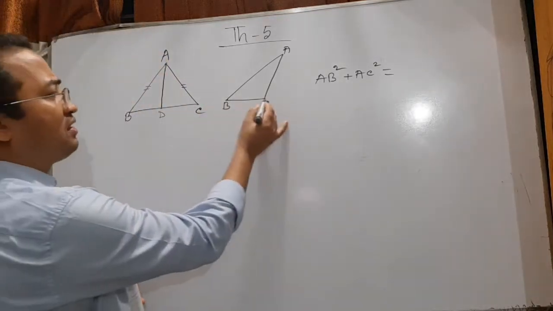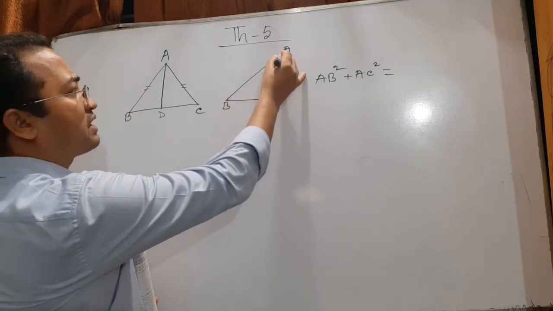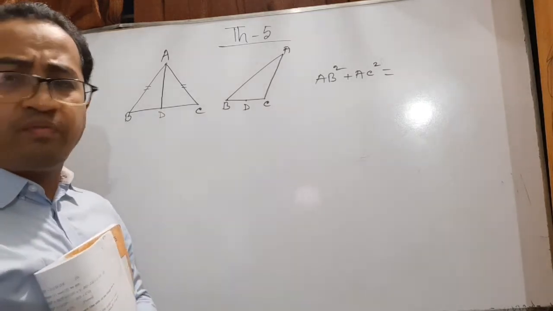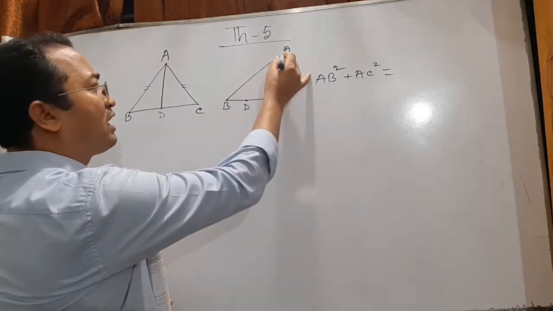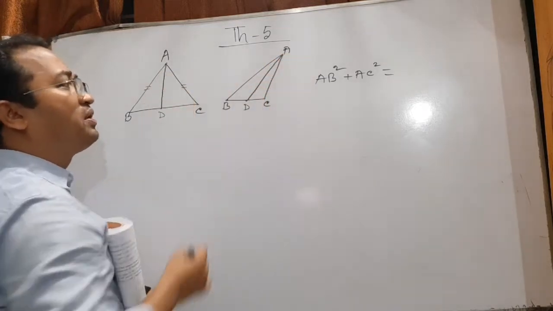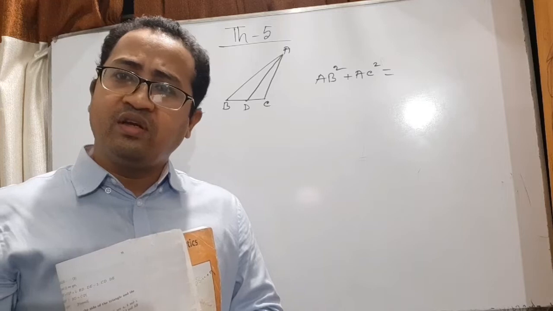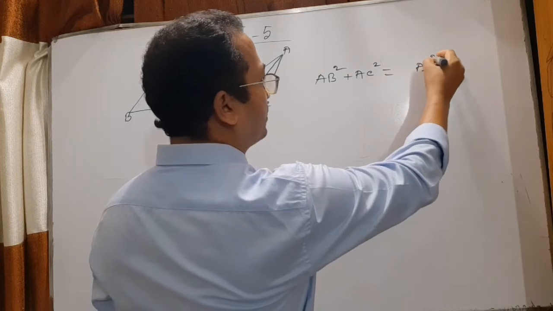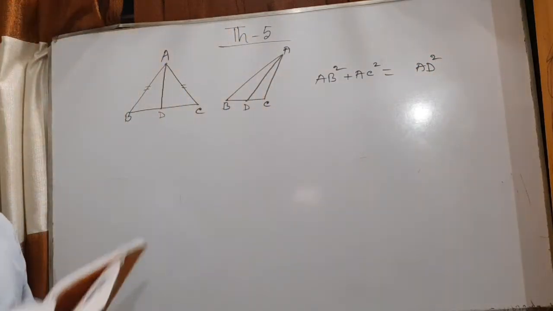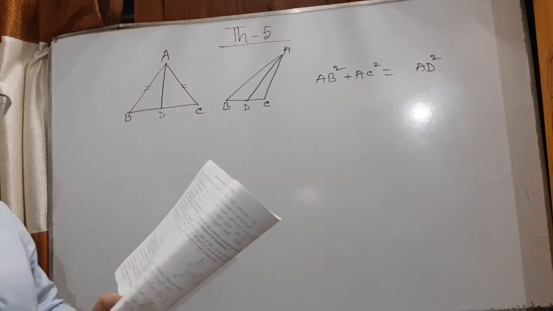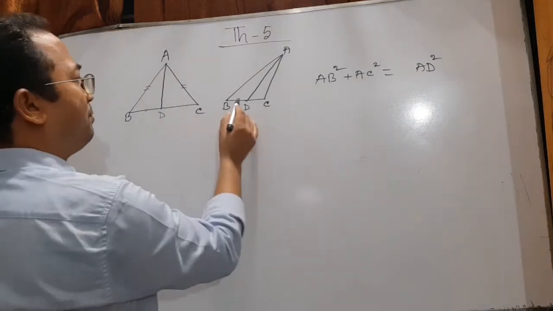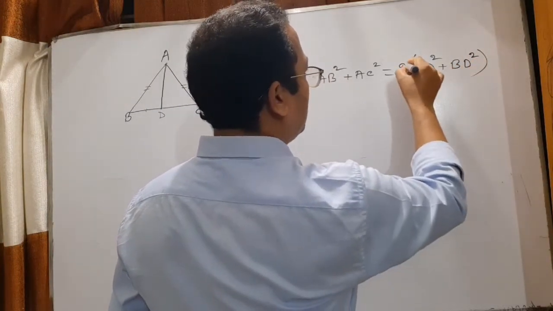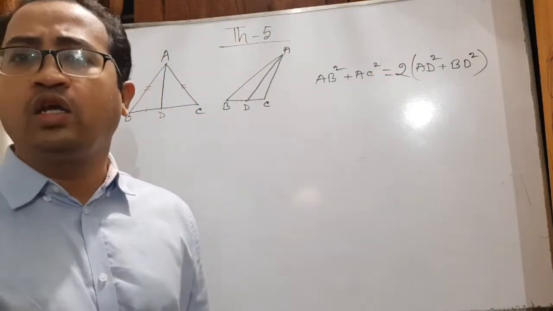Again, BC is the opposite side of the vertex A, and the midpoint is D here. So if you join A and D, it will be the median of this triangle. Now the area on AD will be AD square, and half of this base, we say BD, square, and it will be multiplied by 2.